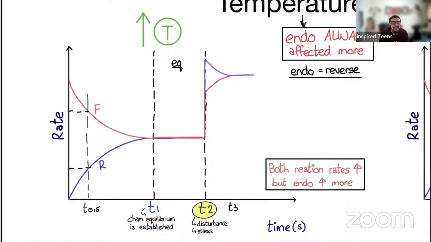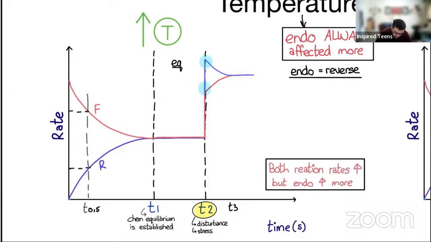But whichever one is endo always increases more. In this case, the reverse is endo, so the rate of the reverse reaction increases more. We can see that by the purple one: equilibrium is established, and then when the change occurs, the reverse reaction rate increases more. So both increase, but reverse increases more.